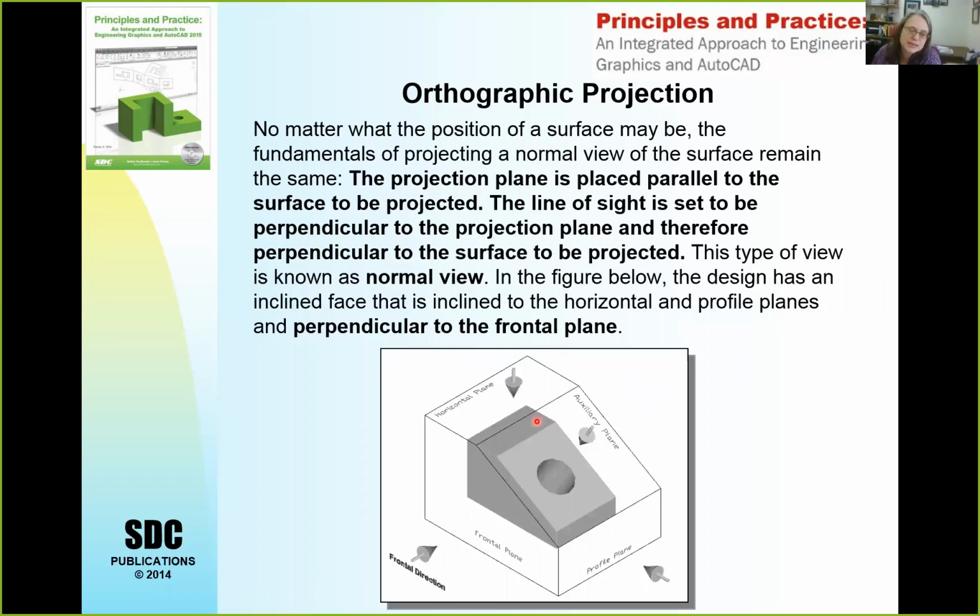So what we're really saying is, with our standard orthographic views, we look at the front plane, the side plane, and the top plane. When we're talking about an auxiliary view, we look at an inclined plane, and this inclined plane is going to be parallel to this inclined surface that we need to more clearly demonstrate.